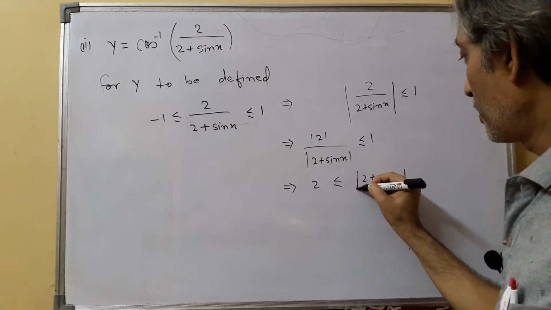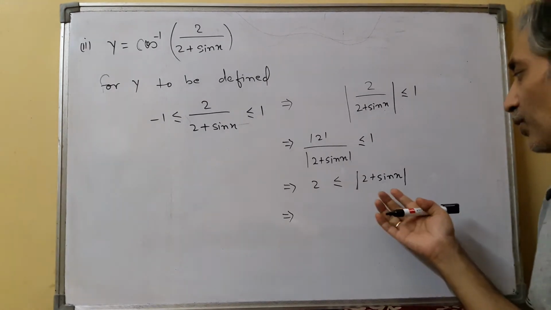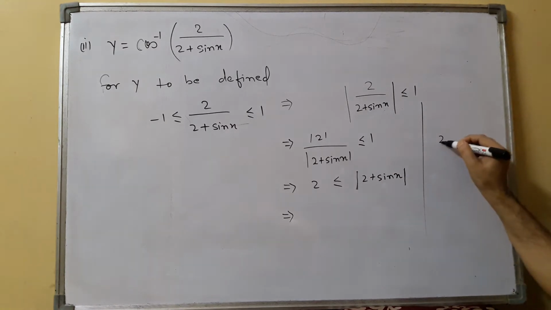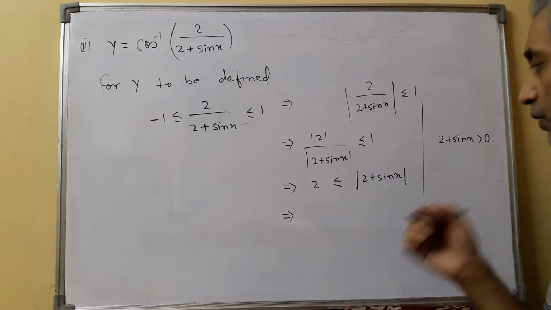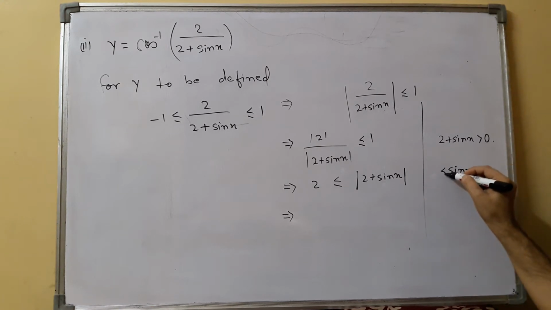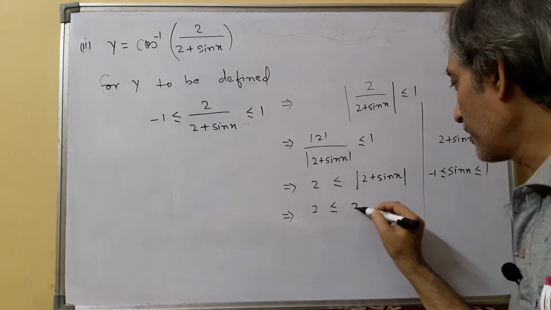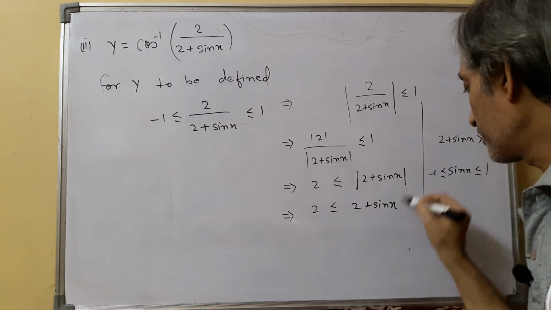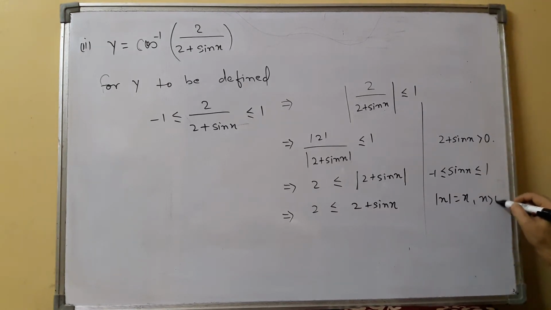Now what about the mod sign? How to remove this? Again, as we know, 2 plus sin x will always be greater than 0 since sin x lies in between minus 1 and 1, and therefore in the next step we can remove the mod sign, because mod x equals x when x is greater than 0, and it equals minus x when it is less than or equal to 0.